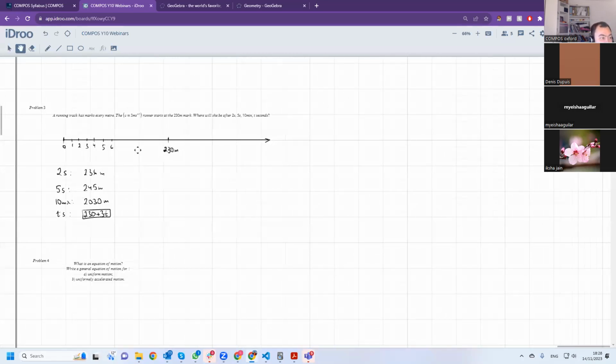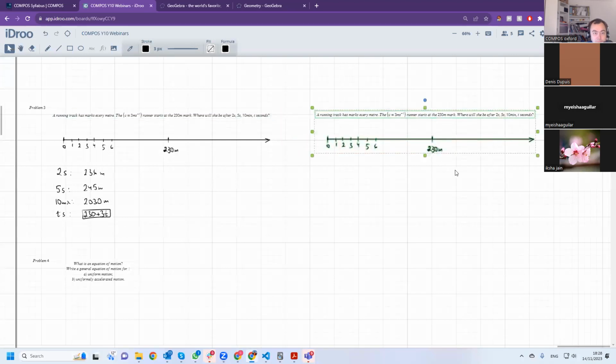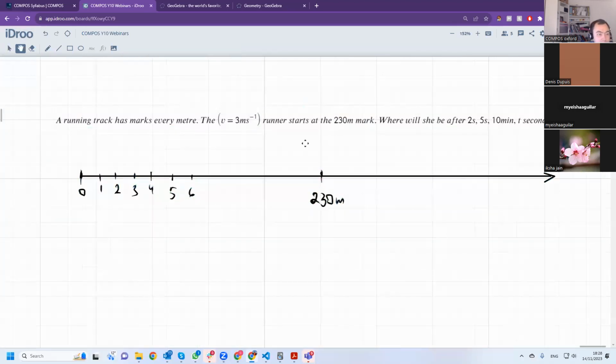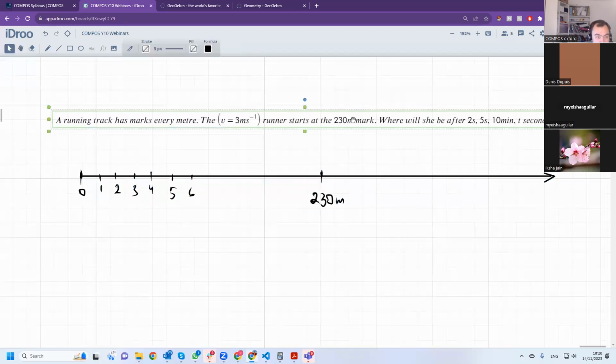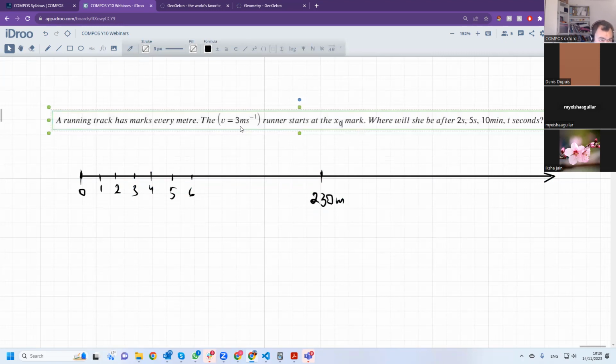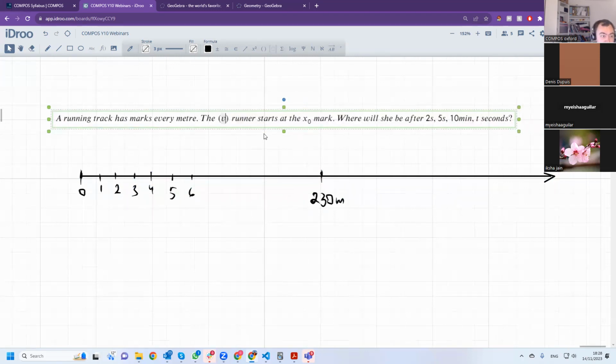What if it's the same runner at the x0 mark, and she's running at speed v?